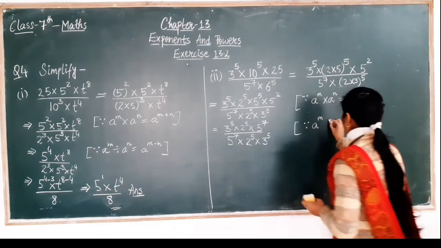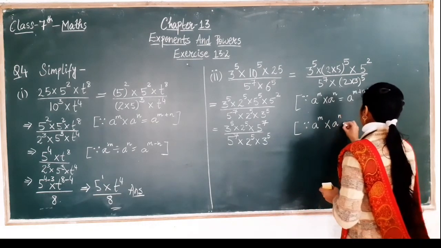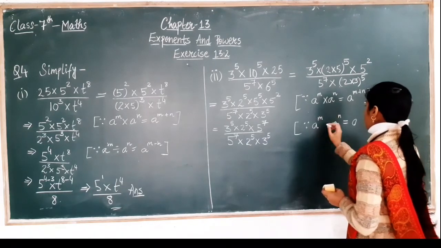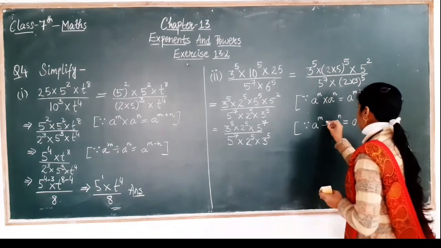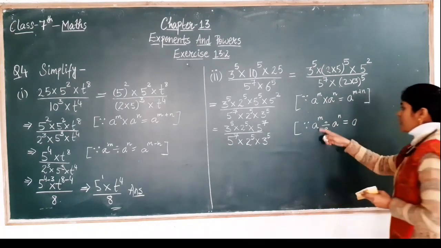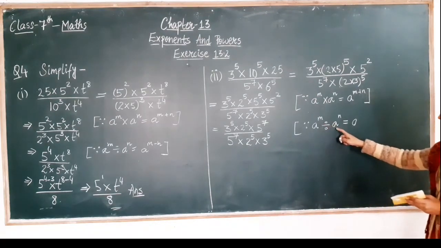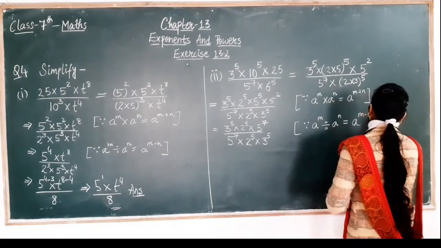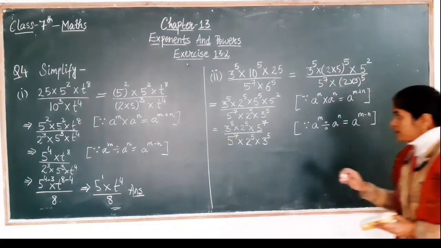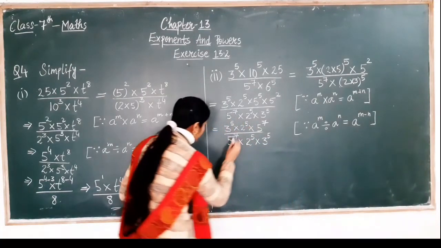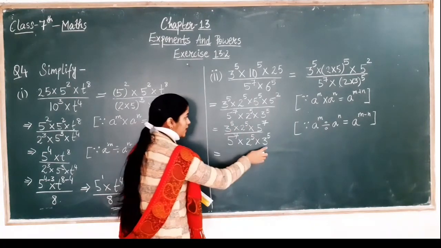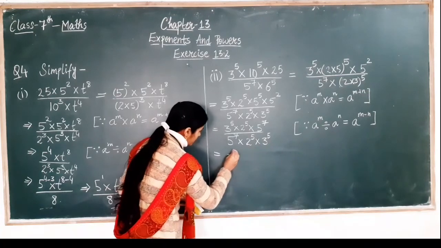Okay, so now for further solving, we'll again use the law a raised to the power m divided by a raised to the power n is equal to a raised to the power m minus n. So now we are going to subtract. So 3 raised to the power 5 and here also 3 raised to the power 5.